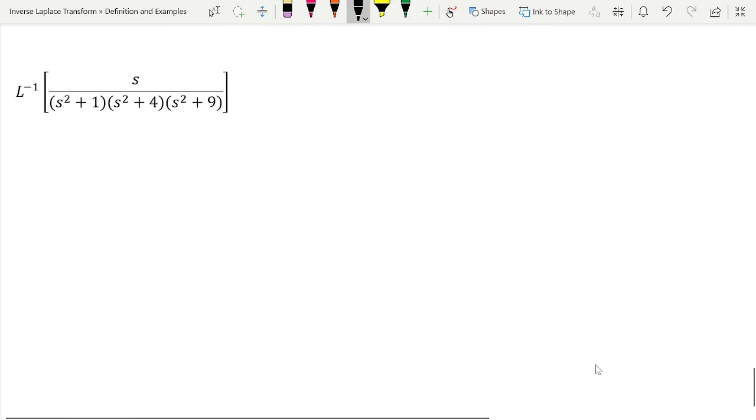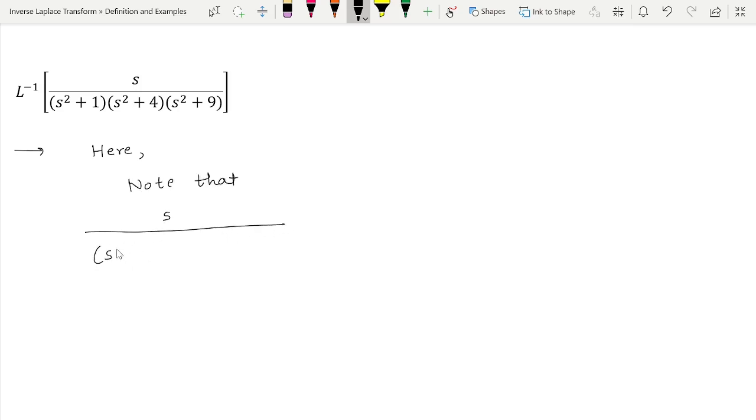Now we will move towards the next example. Again, in this example, it is asked us to find the inverse Laplace transform by using the convolution theorem. Now here note that, can we write this function s upon (s square plus 1) multiplied by (s square plus 4) multiplied by (s square plus 9) as a product of two functions whose inverse Laplace transform is already known to us?